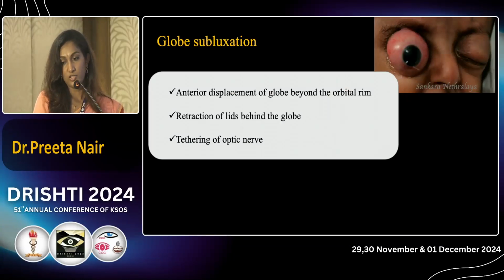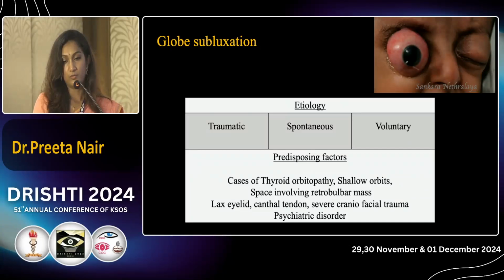This is another emergency where you can see this child presented with spontaneous subluxation of the globe, where the globe is displaced beyond the rim, and there is always a risk of tethering of the optic nerve. So mostly these cases can be traumatic or spontaneous or self-inflicted.